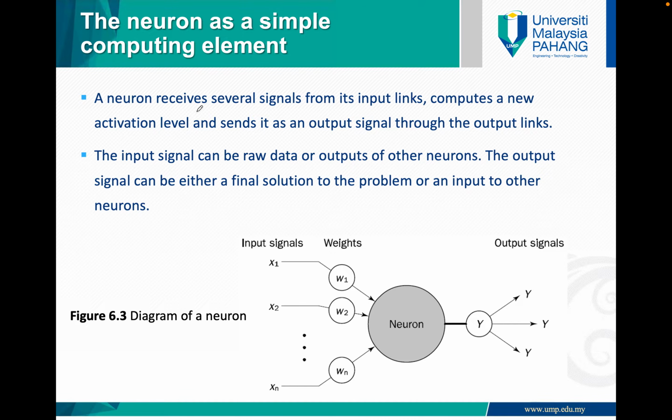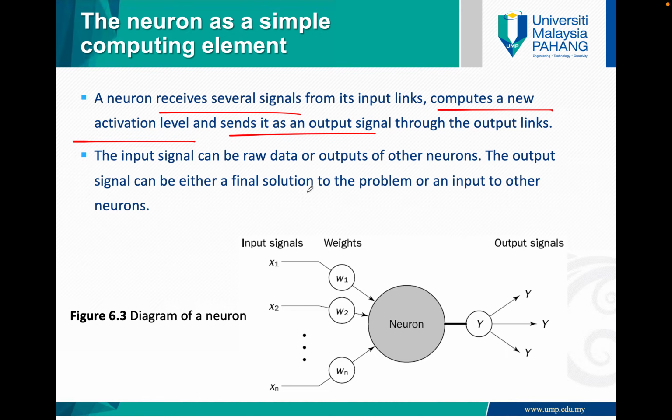The neuron is a simple computing element. A neuron receives several signals from its input links, receives signals, computes new activation levels, and sends them as output signals. These are the 3 roles of a neuron: receive signals, compute activation level, and send the output signals. The input signals can be raw data or the outputs from other neurons.